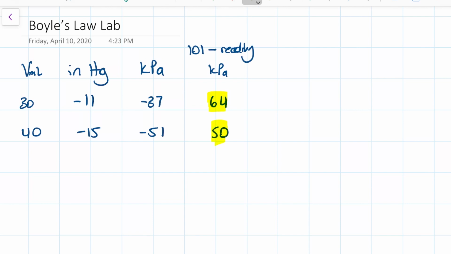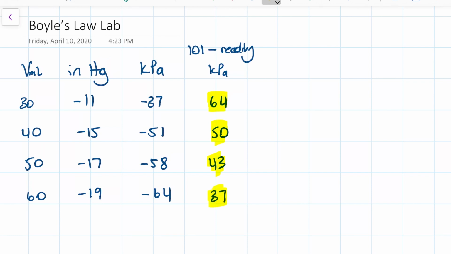Then at 50 mils, my inches of mercury was -17. This converts to -58 kilopascals. 101 minus 58 gives us 43. This again is the pressure we're going to use. Then at 60 mils volume, my inches of mercury was -19, which converts to -64, which 101 minus 64 gives me 37.